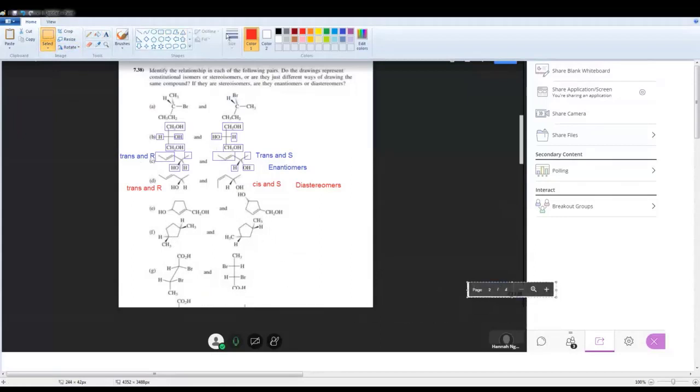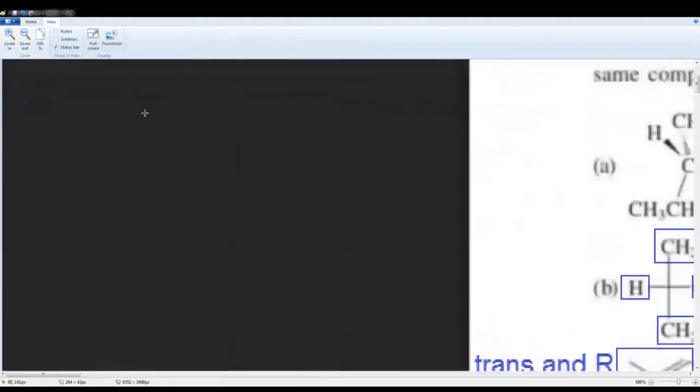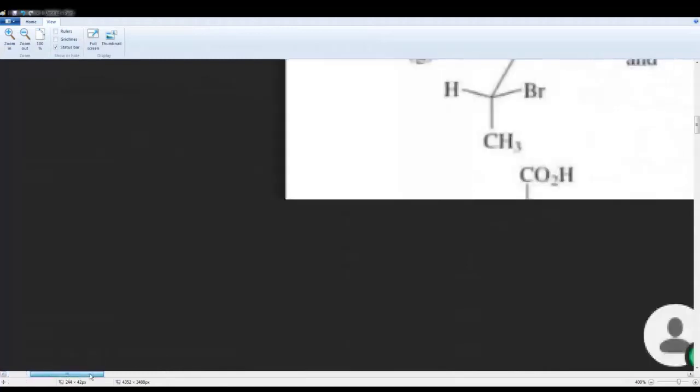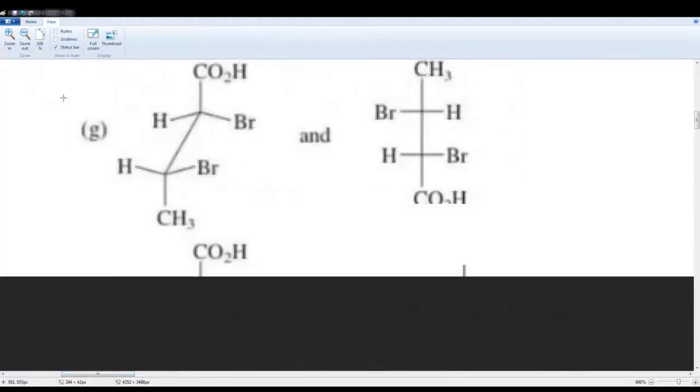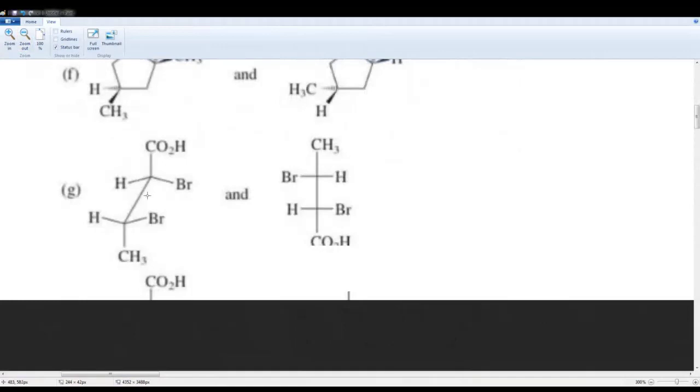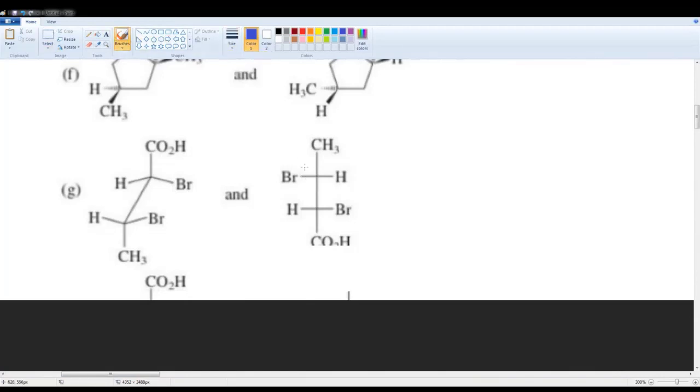So if I am assigning priority down here, and I'm going to zoom this in, and use fine brush, my bromine's number 1. My lowest priority group is the hydrogen, so that's number 4. And this group down here is going to be number 3.